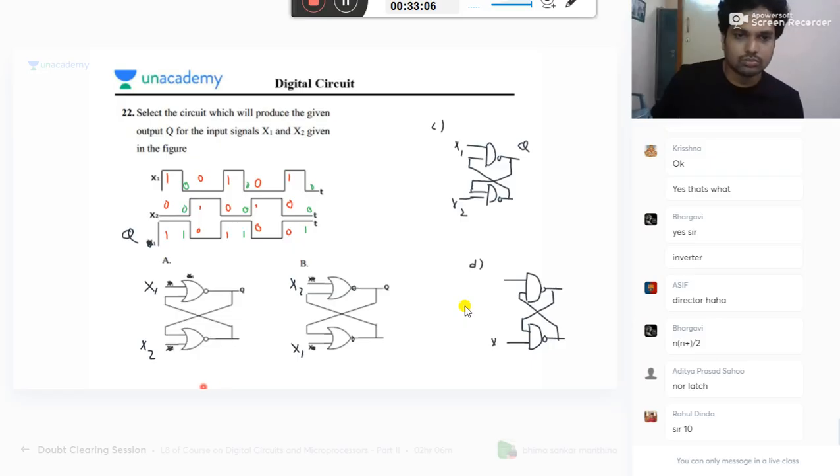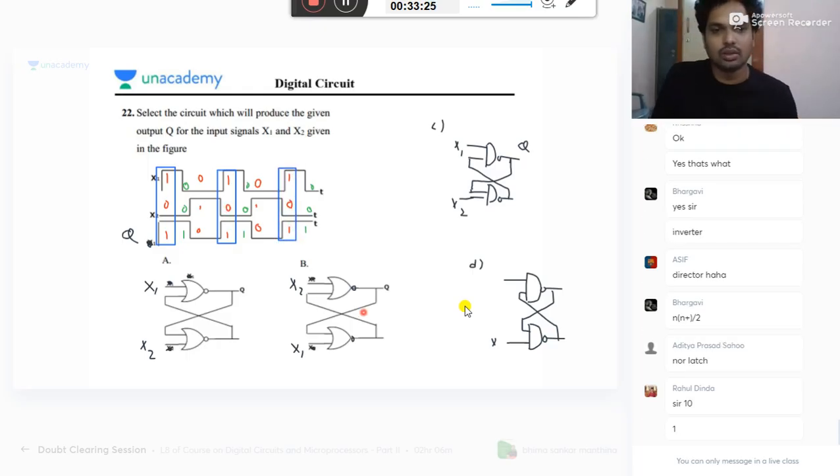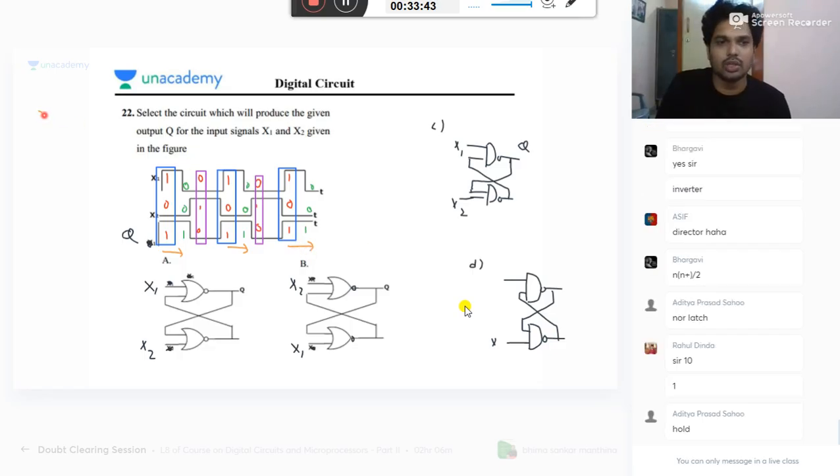Similar model question. It's not difficult. Shall we do it? Poll. It's a direct truth table. NAND gate 0, 1. Very good.